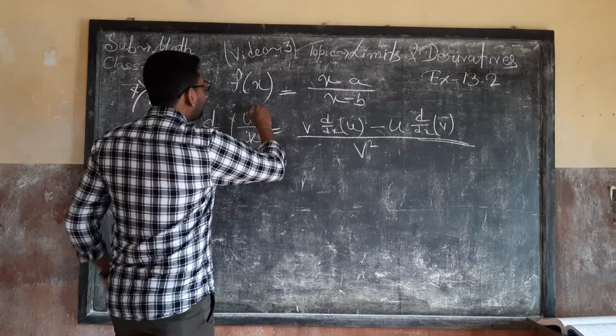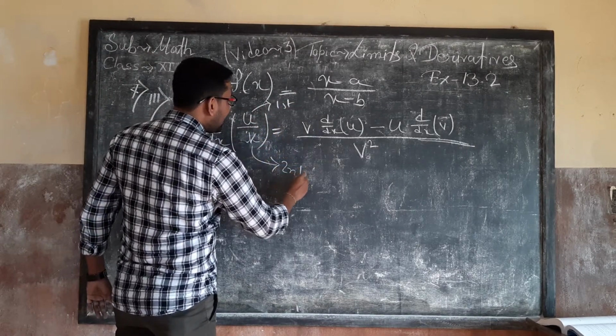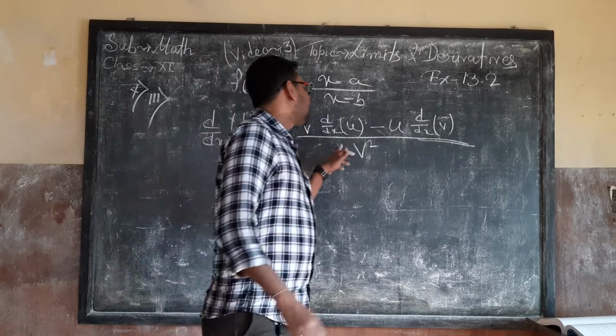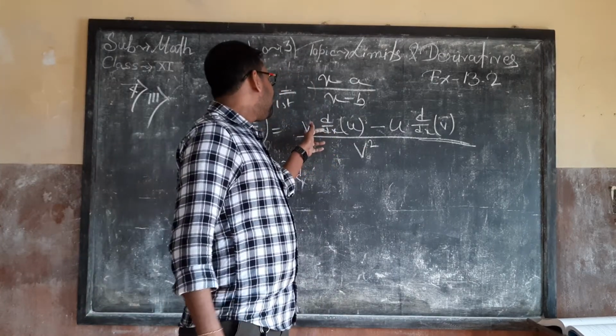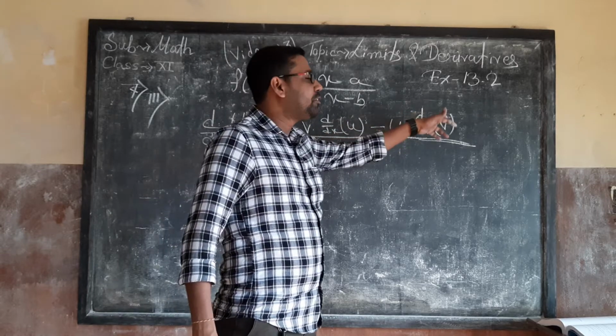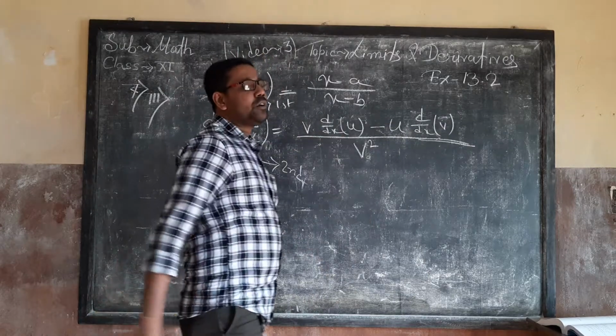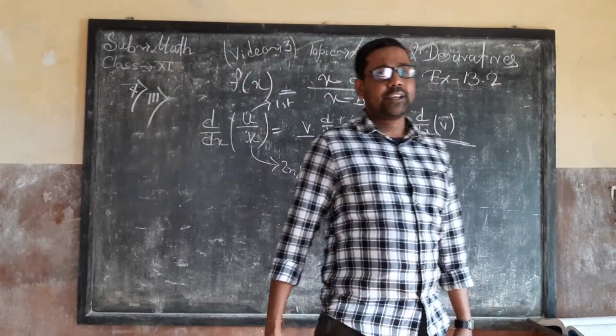This time it is in the form of division. The two functions are in the form of a fraction or division, and this is the first function and this is our second function. The formula is the second function into the derivative of the first function minus the first function into the derivative of the second function, whole divided by the square of the second function.